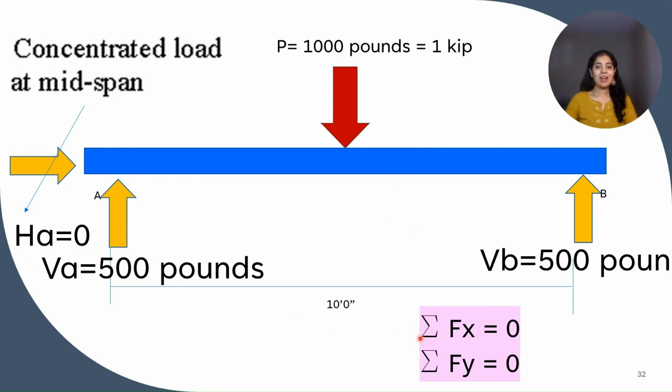Applying summation of Fy equal to 0, we get VA and VB equal to 500 pounds. How? Because this is a symmetric structure, so this 1000 pounds will be resisted equally by these two reaction forces, VA and VB.